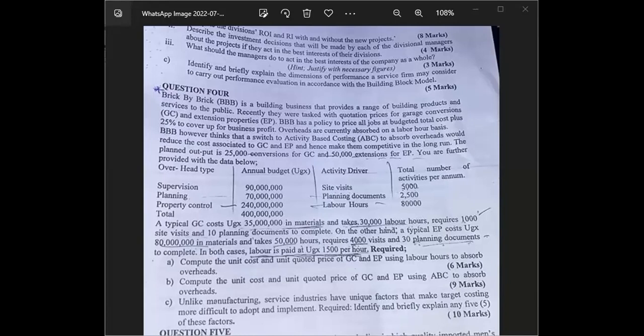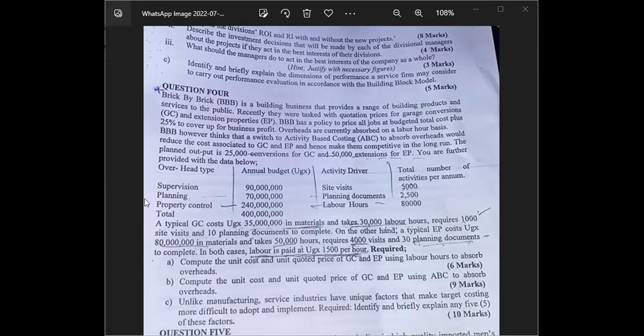So you get your 400, and divide by the total level of activity. Maybe I can first get the cost drivers.